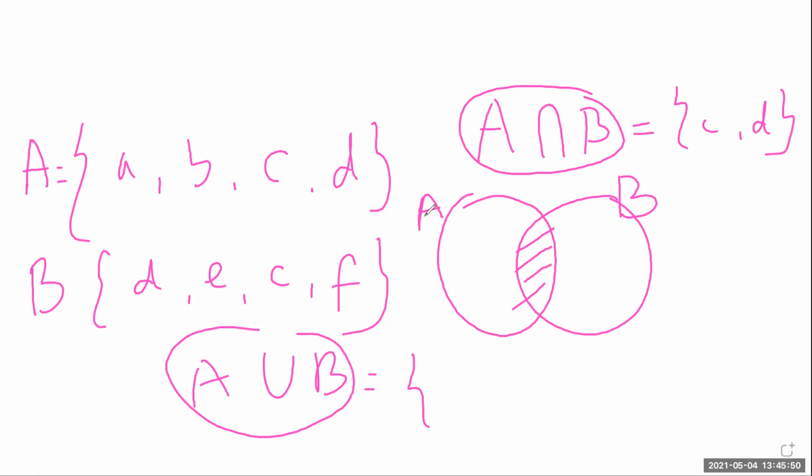All of them except C and D. Yes. So you will have A, B, C, D, E, F, but it will not repeat. C, D is not twice, it's only once.